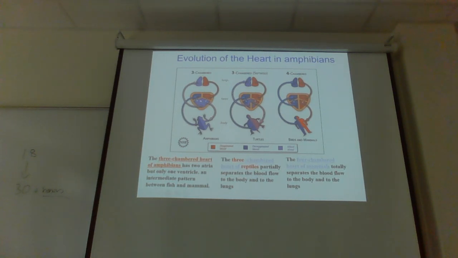There is mixture. So what's sent to the body is a little bit mixed blood, not completely oxygenated. Okay, it's not so good, right? You don't want to send to the cells of the body that need a lot of oxygen partially unoxygenated blood. So it's a beginning of a more sophisticated heart, but it's not there.